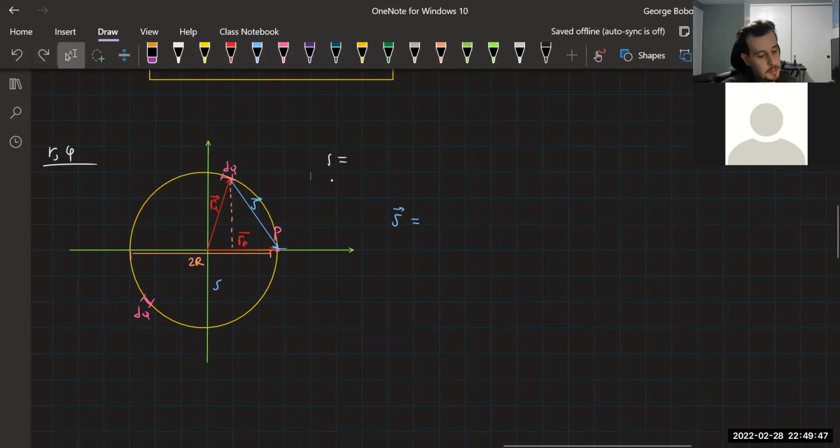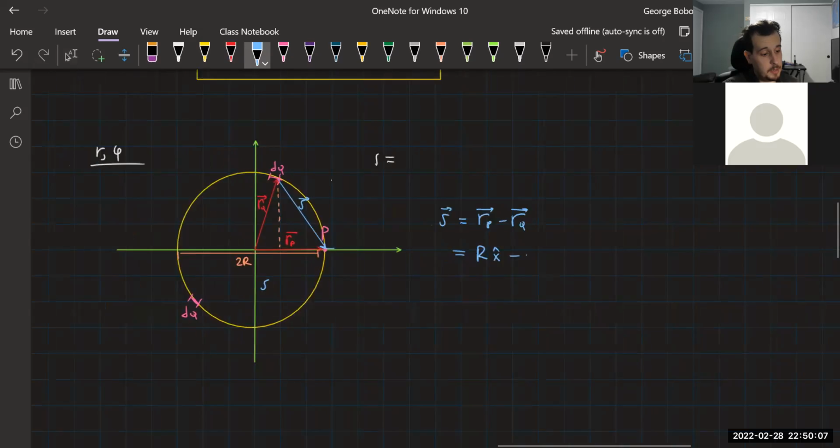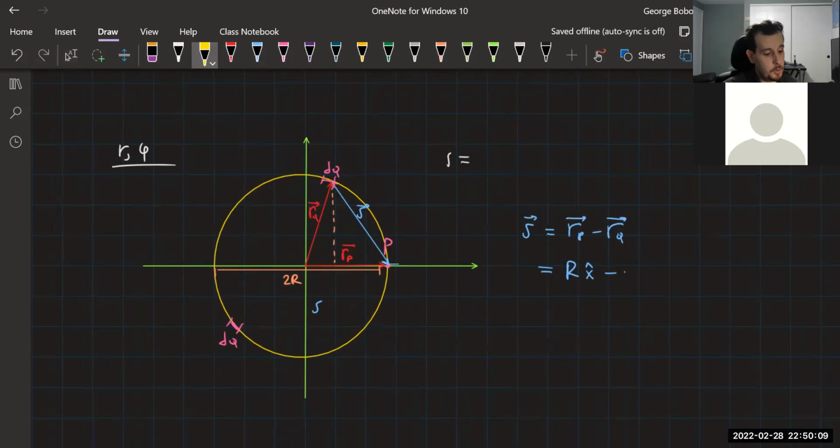So you have to take RP and subtract the vector RQ, and then find what these vectors are. RP seems to be literally R x hat, and RQ right now has components, unfortunately. So it has two components.